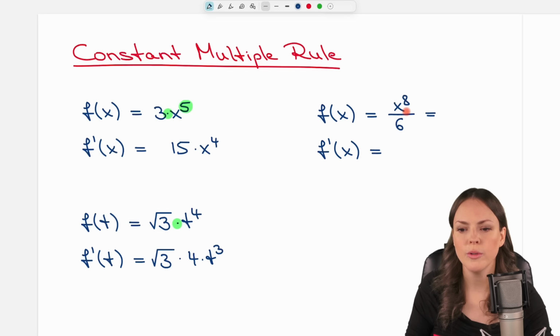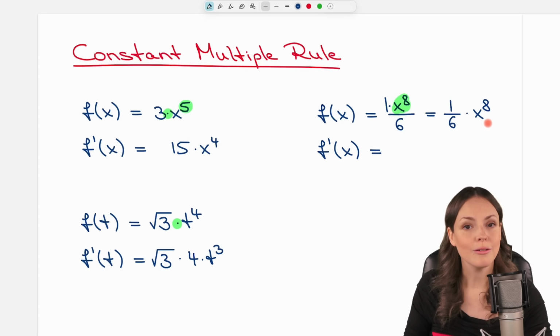So in the numerator here, I have 1 times this x to the power of 8. If I want to separate my variable from the fraction, I have 1 over 6, and then I can multiply it by my variable, x to the power of 8. So now we can see, oh, this is a factor, actually.